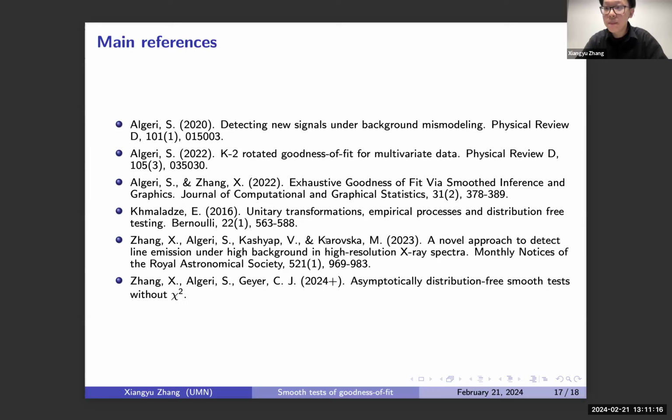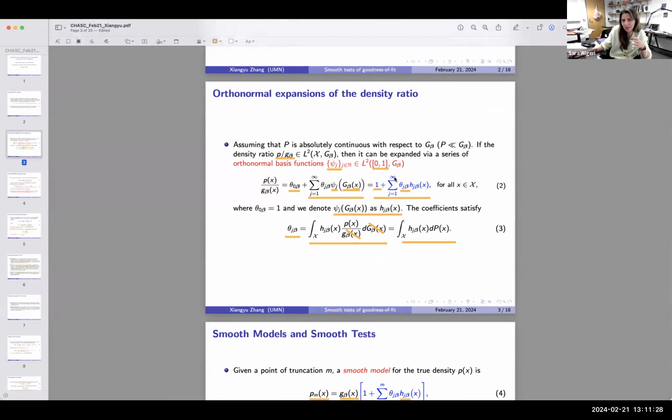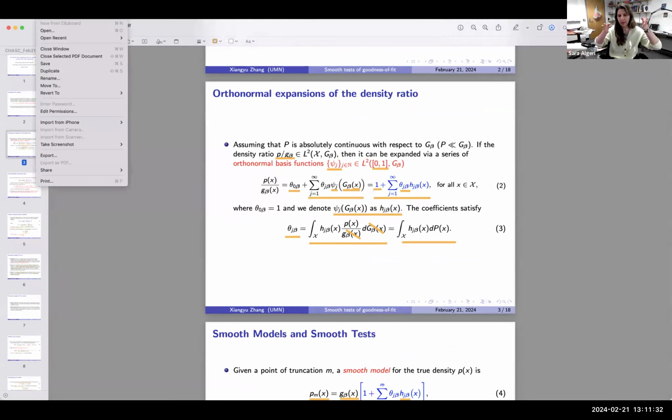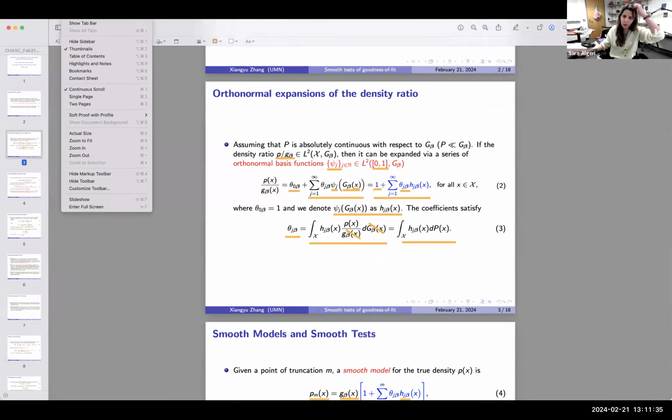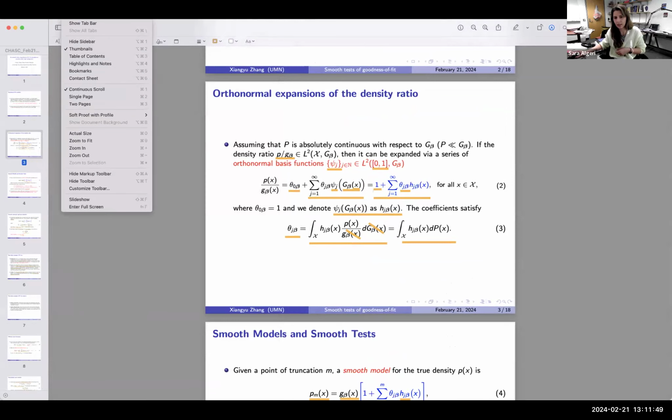Okay. Thank you. Can you go to slide 3, if my notes are correct? There is actually a reason why you want to use shifted Legendre polynomials. You take the Legendre polynomials and place them on [0, 1], which is what you want to use when you want to test for uniformity. If you see the structure he has in equation 2, you're taking your G beta evaluated at x, the CDF of the model that you're testing.